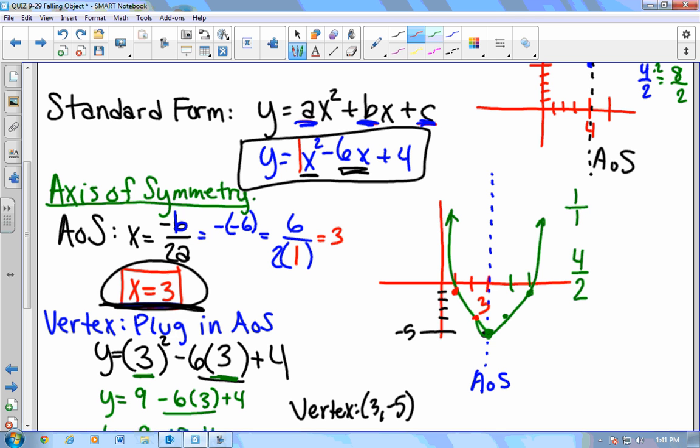It works on all parabolas. If A is a multiplier, then you have to multiply the numerator by that A, and then it still works. Okay? What's the name for the vertex if it's at the bottom of the graph? No, the other one. It's a minimum.